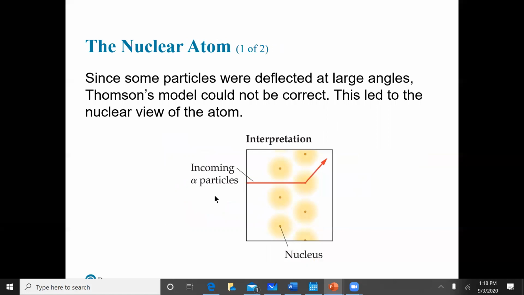So this led to the nuclear atom, or the nuclear view of an atom, or the idea that we've got an atom and in the center of it is a nucleus, and then there are electrons sort of hanging out or floating around it.